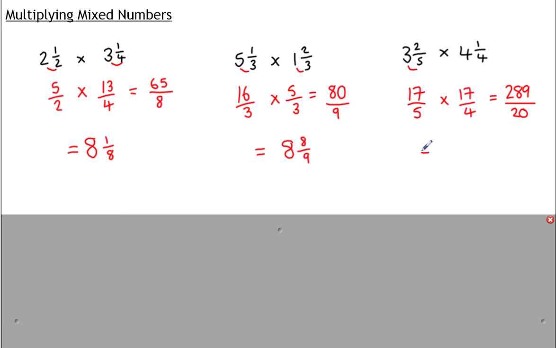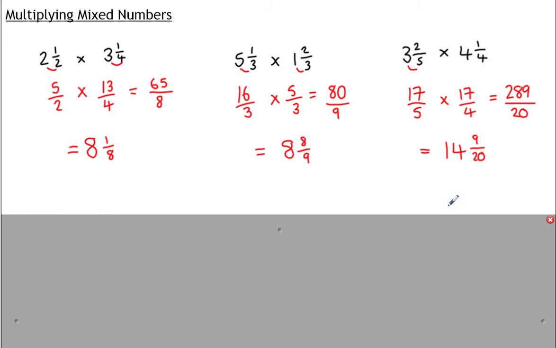So to convert it to a mixed number now, we say how many 20s are there in 289. So if you count up in 20s, you'll work out that 14 times 20 is 280. So it goes in 14 times with 9 left over, and it'd be 9 over 20. So that's quite a difficult one because the numbers are quite big.